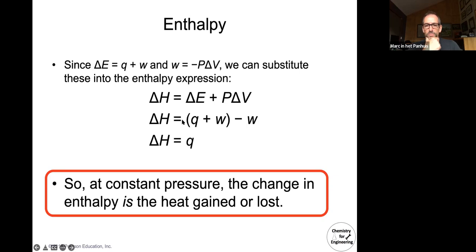So if we substitute that all in, the work cancels out, which means that delta H is equal to the heat. So as long as we are at constant pressure, the change in enthalpy is either the heat that we gain or the heat that we lose.